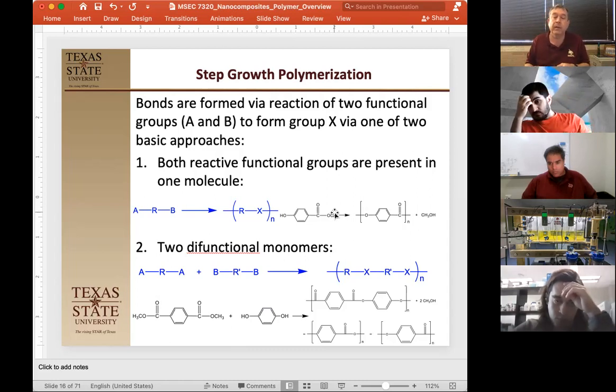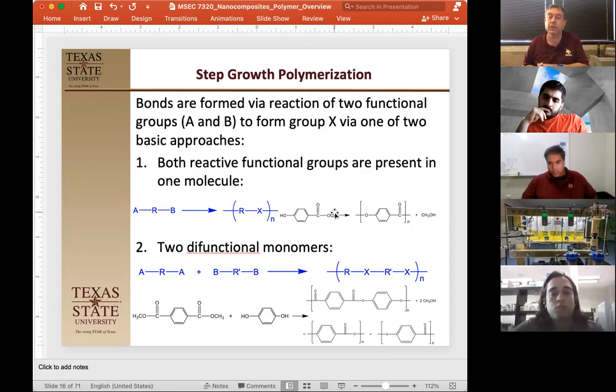Notice that backbone is oxygen, benzene ring, carbonyl. That OCH3 is no longer in that molecule, so I condensed away a small molecule. So it's changed from the monomer to the polymer.